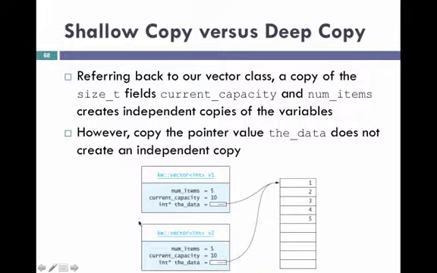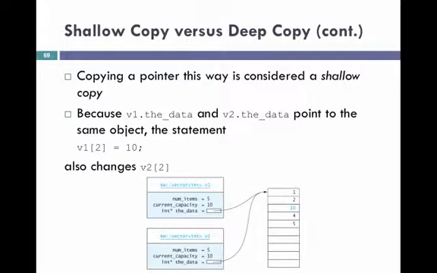So this picture shows if we had a vector instance v1 and we made a copy v2, you'll see that all the data fields are independent, but data is an independent copy of the pointer, and they both point to a single shared array. Copying a pointer this way is considered a shallow copy.